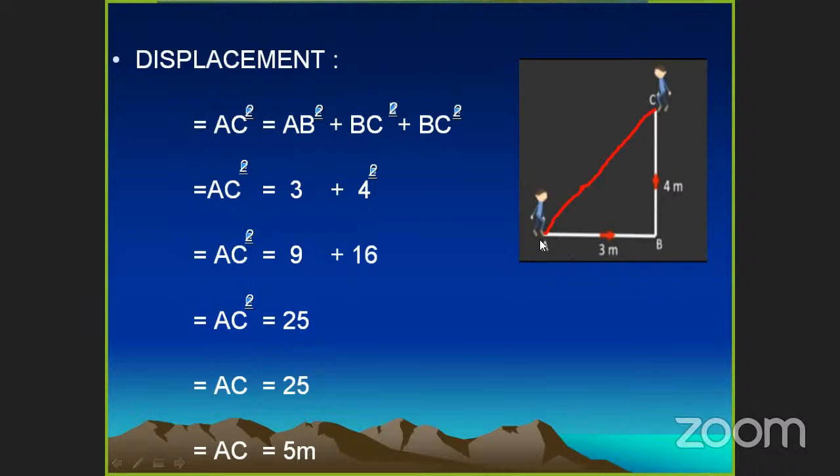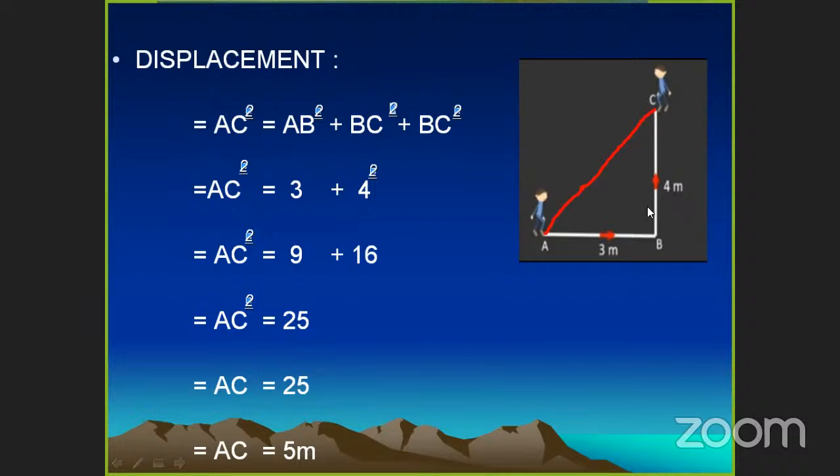AC square is equal to AB square plus BC square. AB length is 3, so 3 square, plus BC, the length of BC is 4.